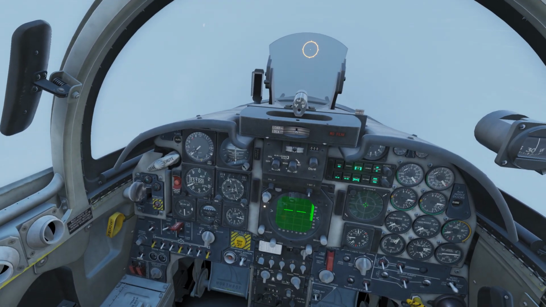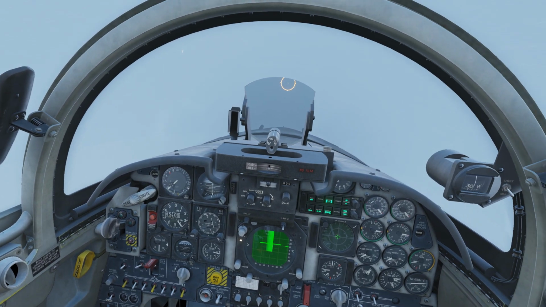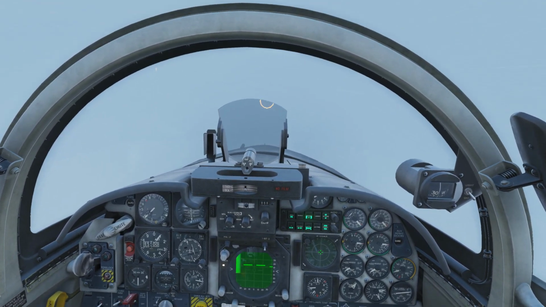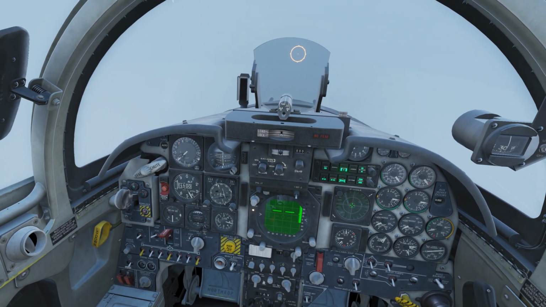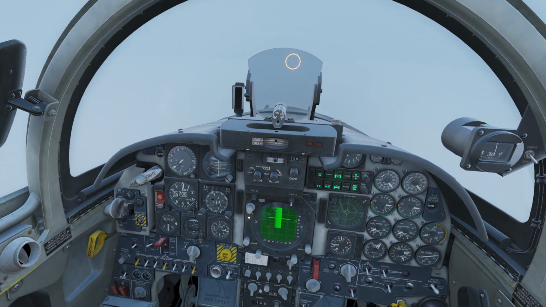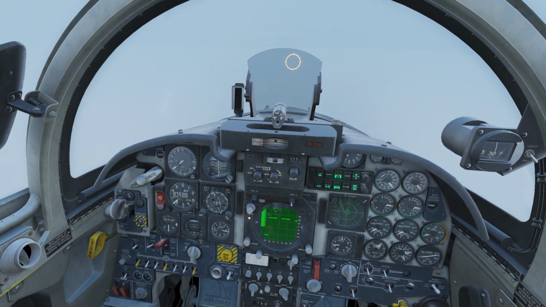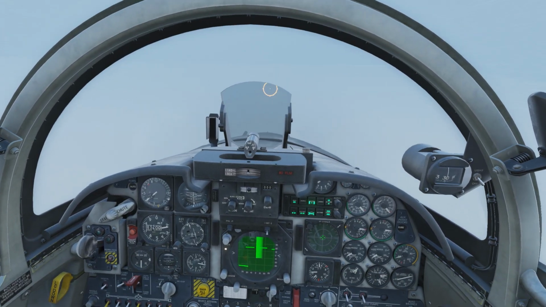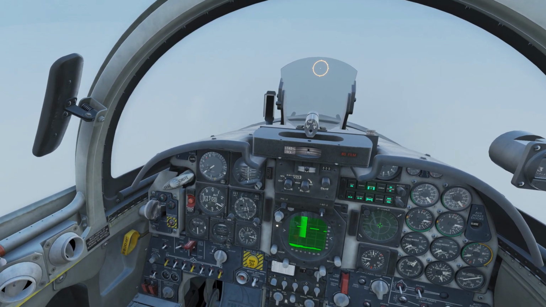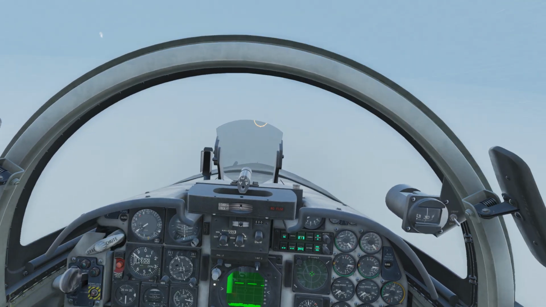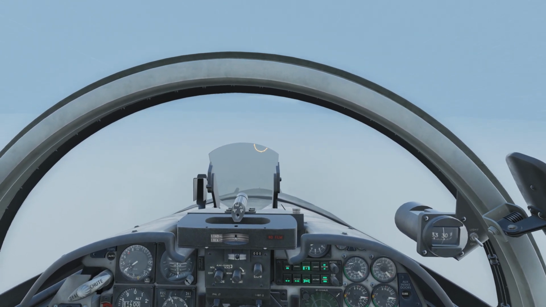I want to keep that about center, no particular reason other than that's where the radial line is relative to where I am. 20 miles. 1,000 feet. 2,000 feet, and we'll level off here.